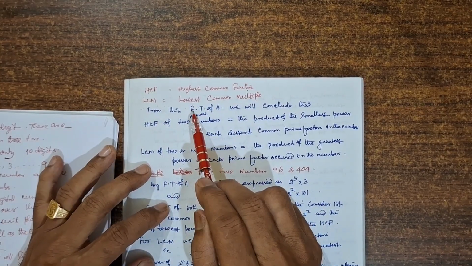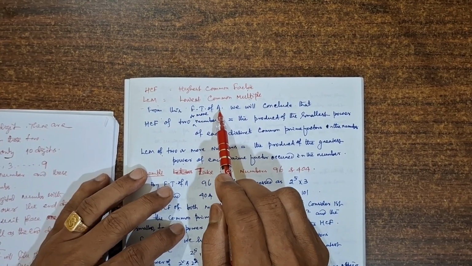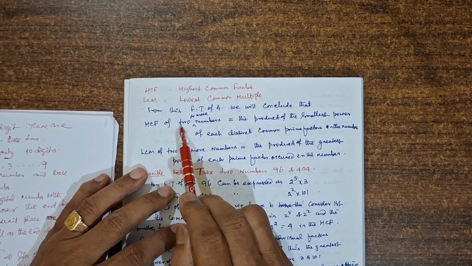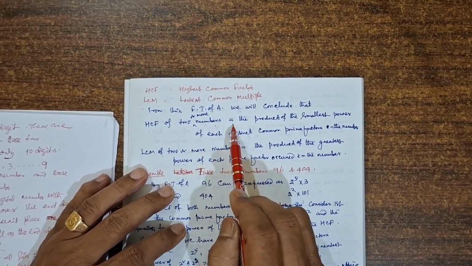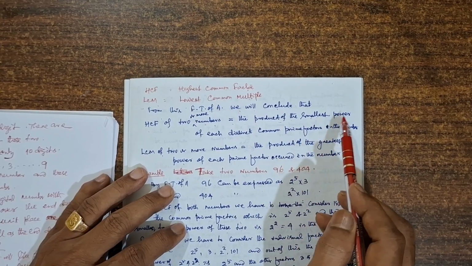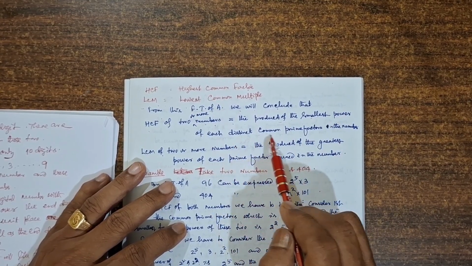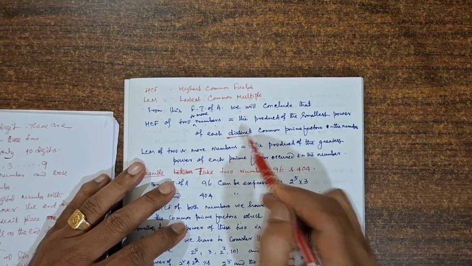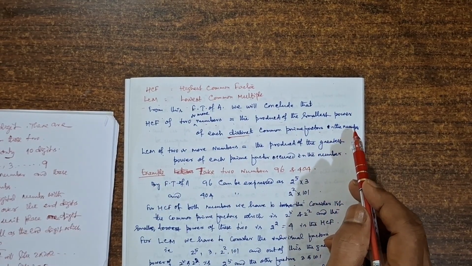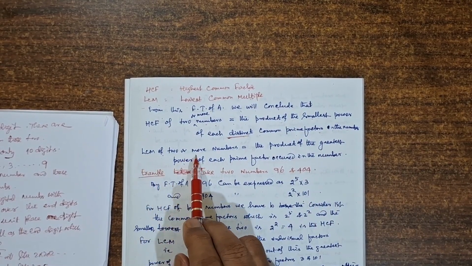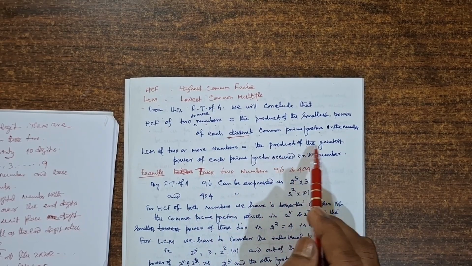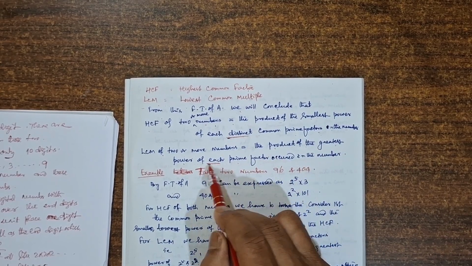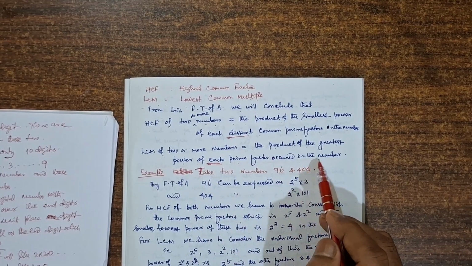From this fundamental theorem of arithmetic, we conclude that the HCF of two or more numbers is the product of the smallest powers of each distinct common prime factor in the numbers. The LCM of two or more numbers is equal to the product of the greatest power of each prime factor occurring in the numbers.